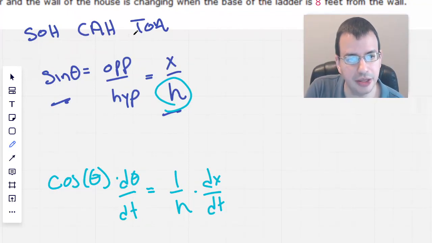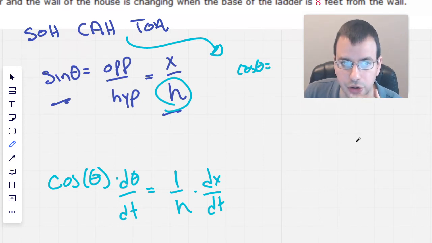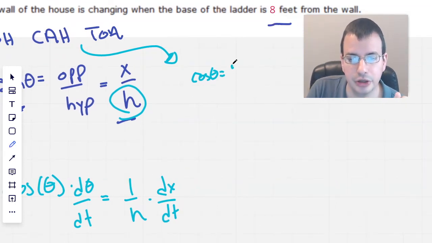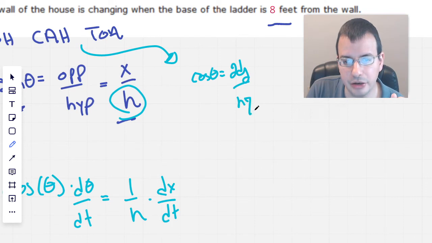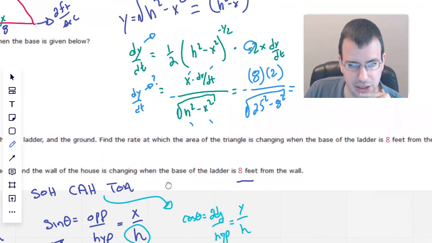Well, we know that cosine of theta equals adjacent over hypotenuse. Adjacent in this case will be y, hypotenuse will be h. I think that's right.